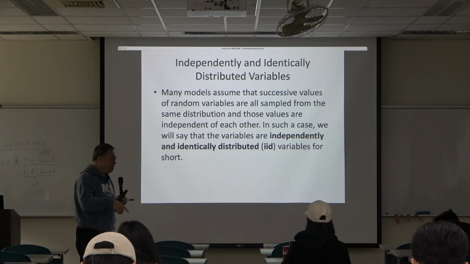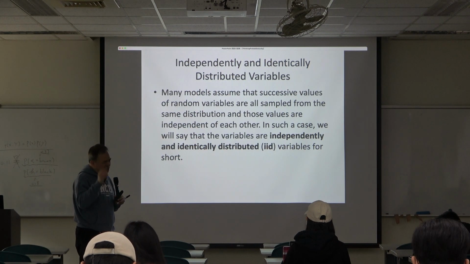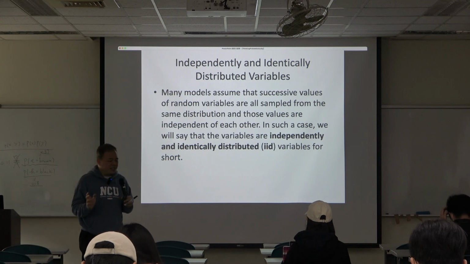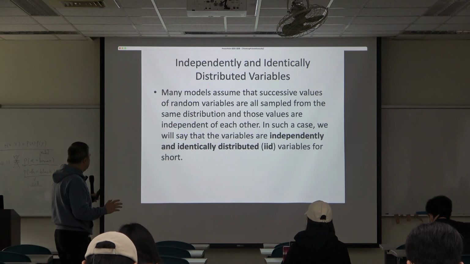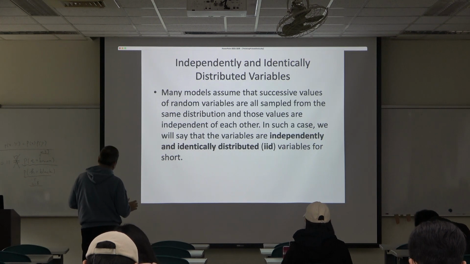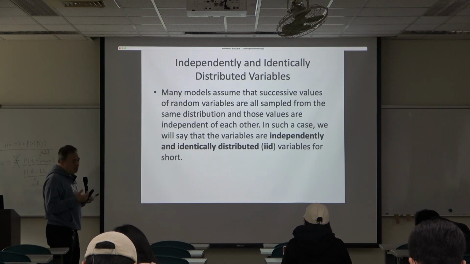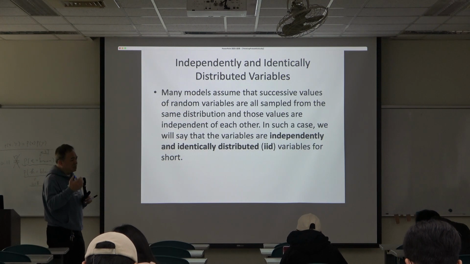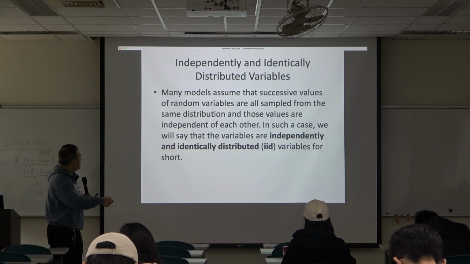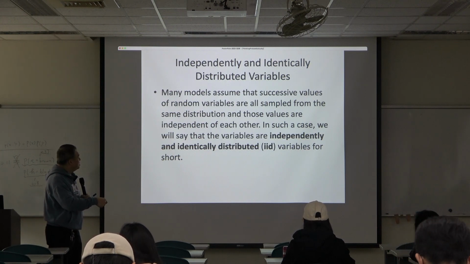Every time you sample a value from this distribution, it does not affect the distribution. At least the distribution remains the same for the duration of your experiment. So those values are independent of each other.